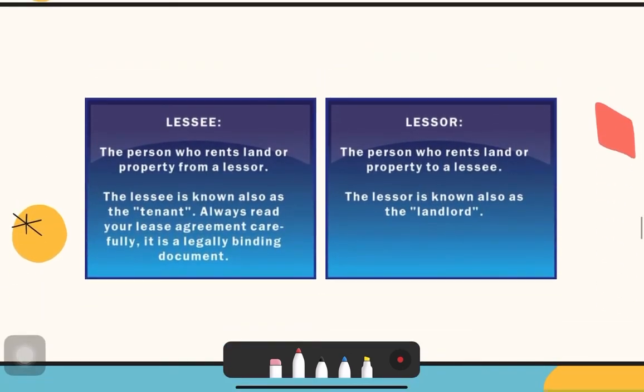The parties involved are the lessee and the lessor. The lessee is a person who rents land or property from a lessor, also known as a tenant. And the lessor is the person who rents land or property to the lessee, also known as the landlord.